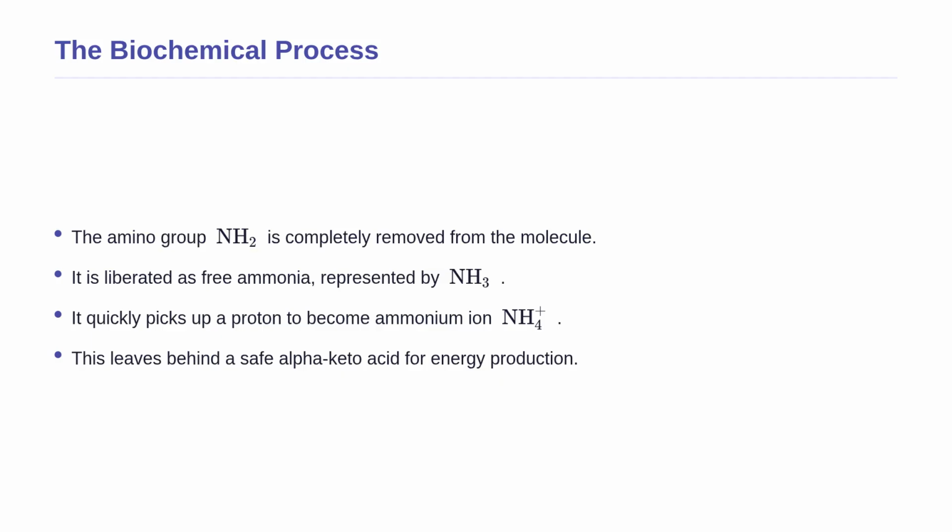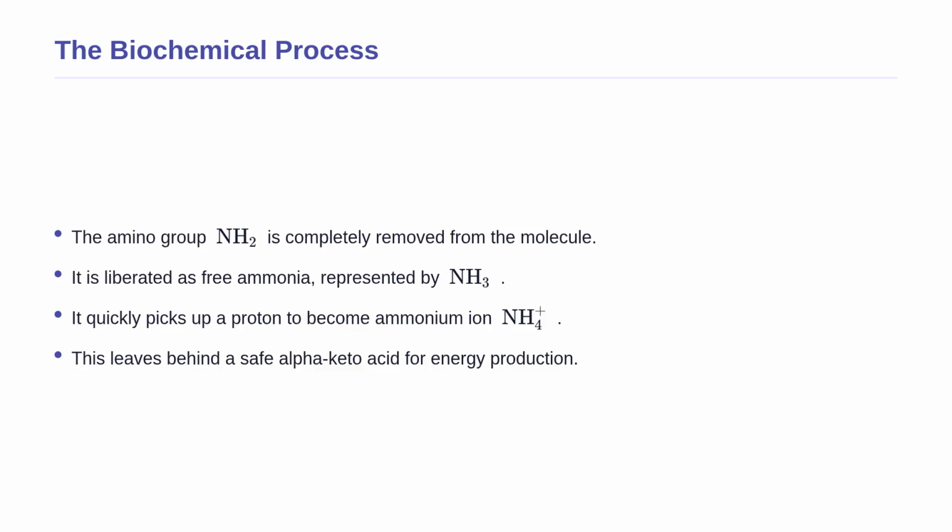Now that we understand the analogy, let us look at the actual biology of this dismantling step. Deamination is the biochemical process where the amino group is completely removed from an amino acid. Unlike transamination, which just moves the group around, deamination completely liberates it as free ammonia.